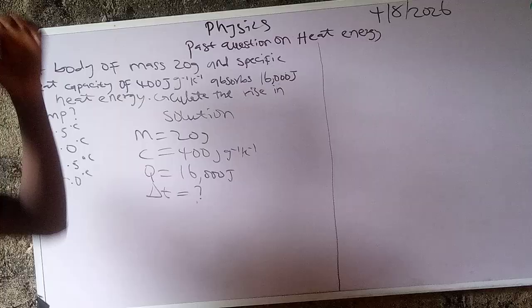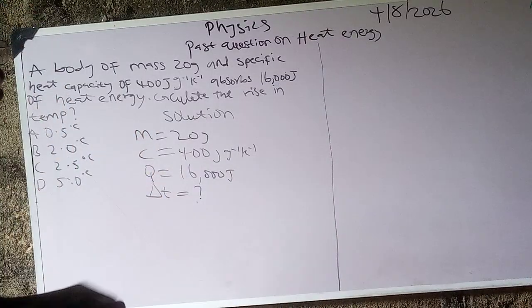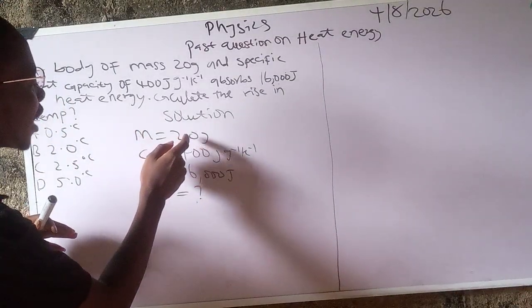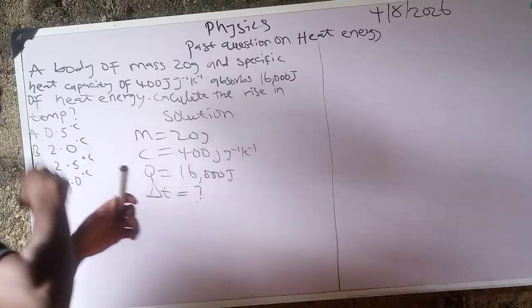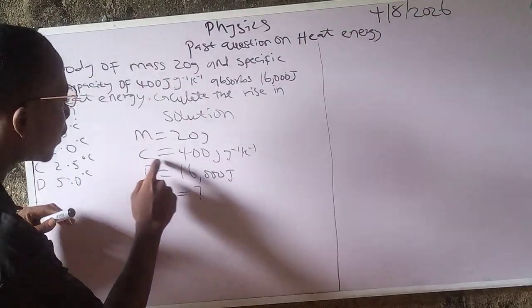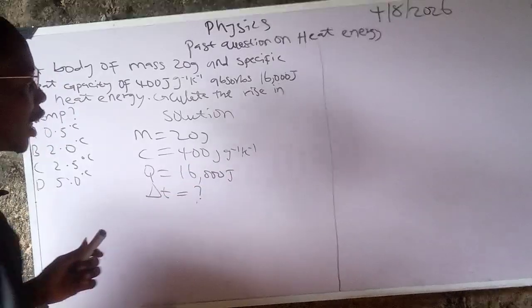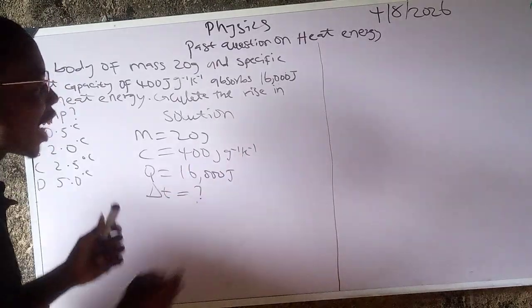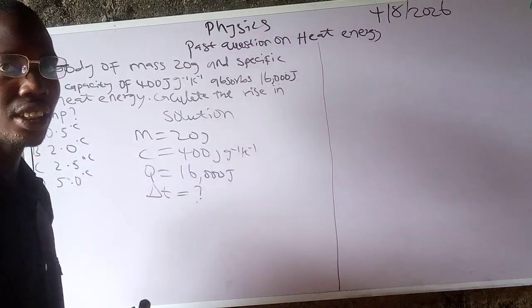Now listen, some of you will rush and just start converting mass, which is 20 gram, to kilogram. But there's a trick there. If you look at your specific heat capacity, the mass in it has gram, it does not have kg.